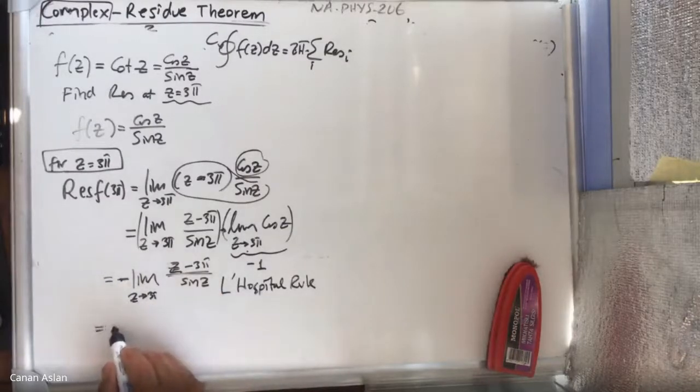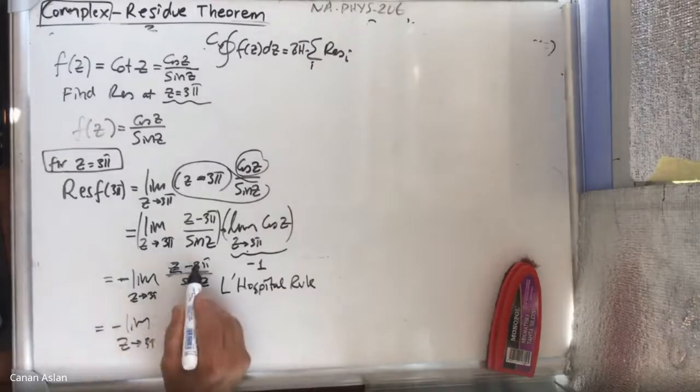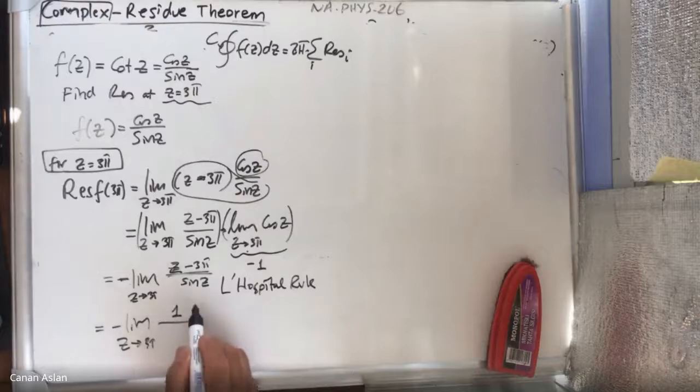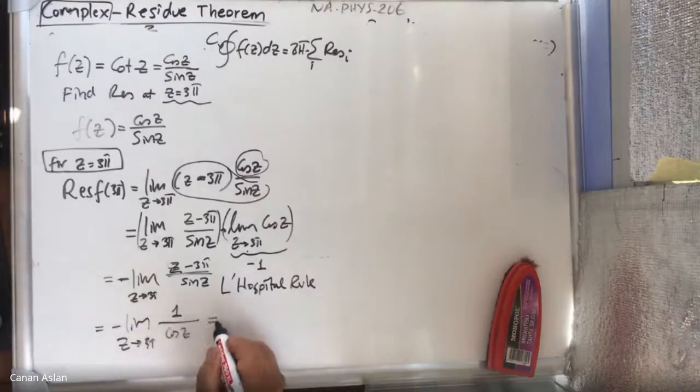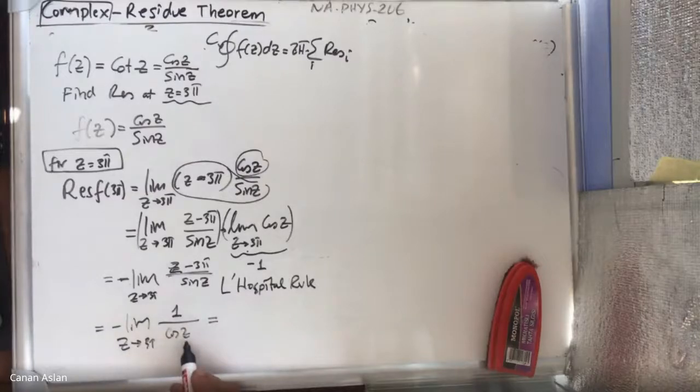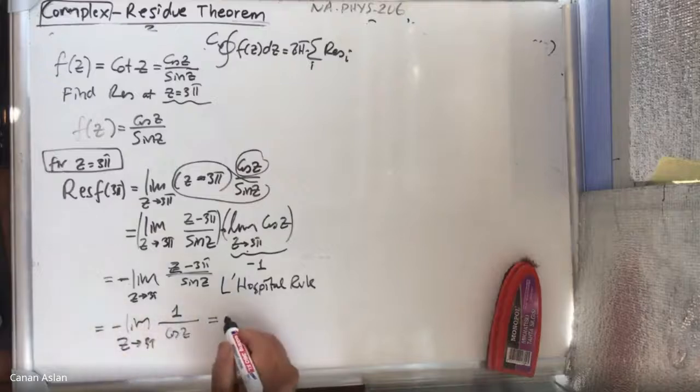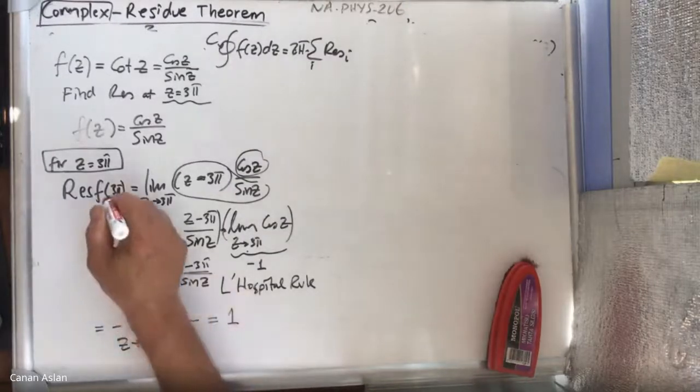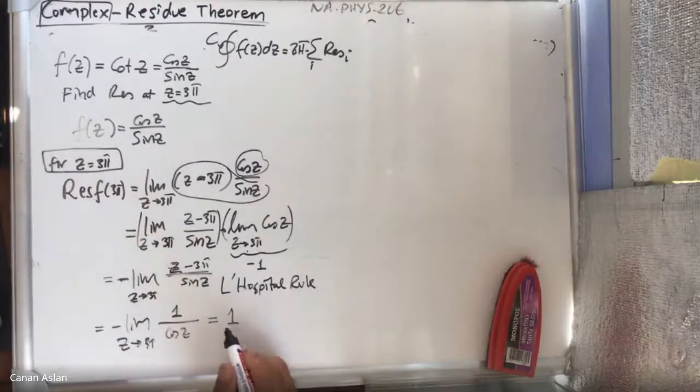So the result is now minus the limit as z approaches 3 pi. The derivative of the top is just 1, and the derivative of the denominator is cosine z. Now cosine 3 pi is -1 as before. It's just 1 over -1, which is -1. There is another minus sign, so the result is 1. So the residue at z equals 3 pi happens to be equal to 1. This is the result.